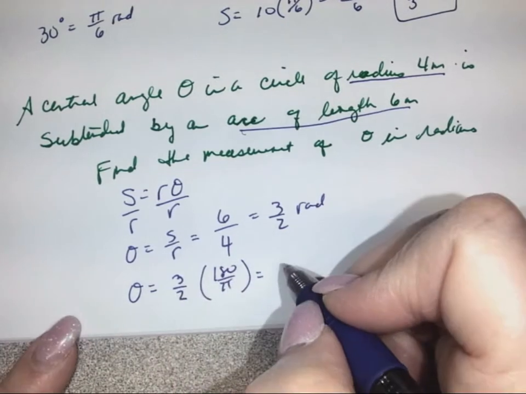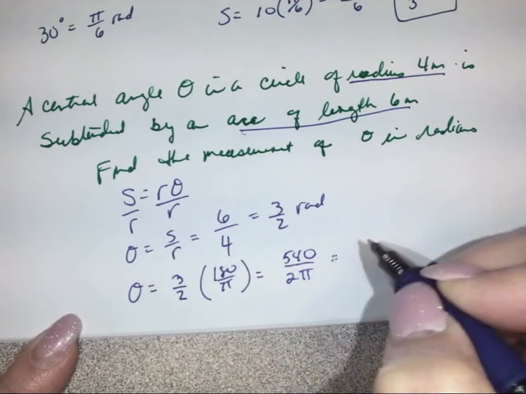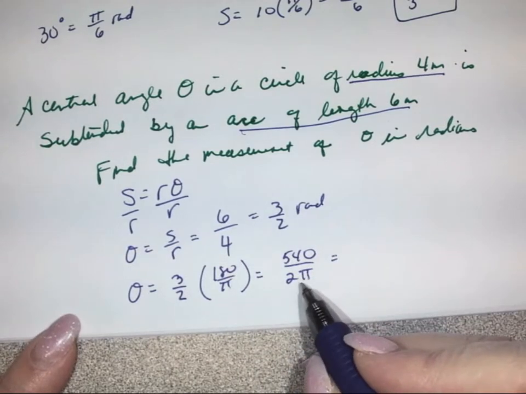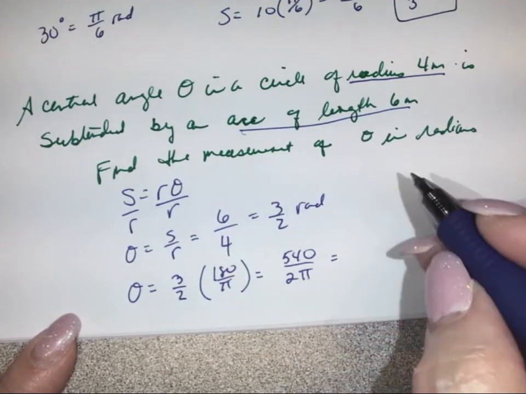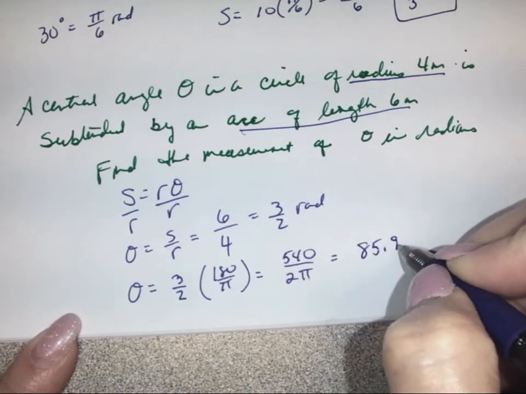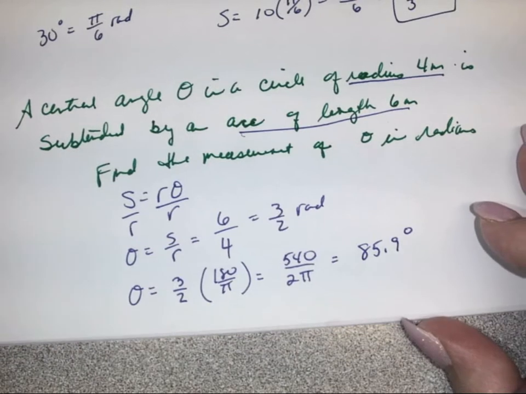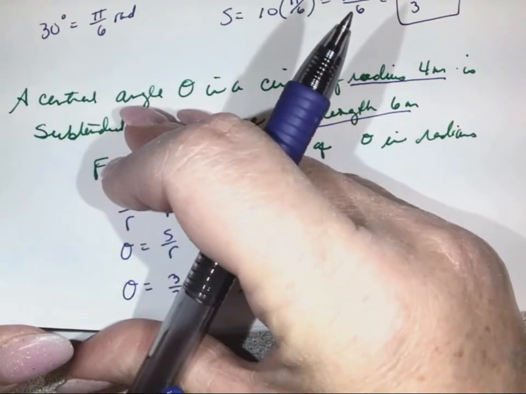So 3 times 180 gets us 540 divided by 2 pi. You won't leave it in pi because we're doing degrees, so just divide by 2 pi. Use the pi on your calculator. 85.9 degrees. So we can still use some of the other skills that we've been learning. All right, let's go do another one.